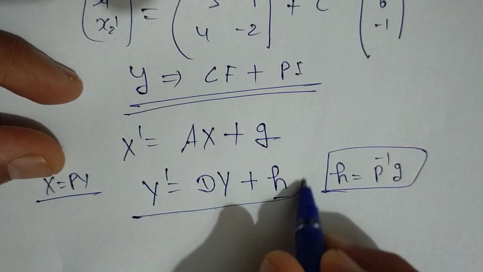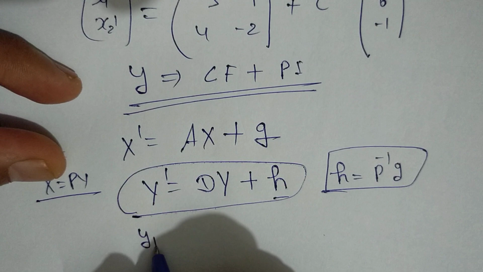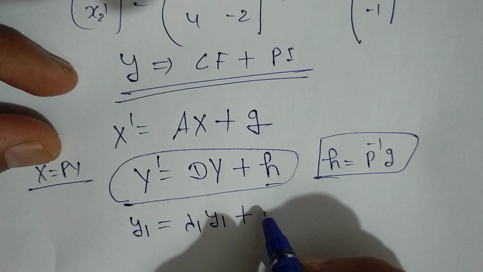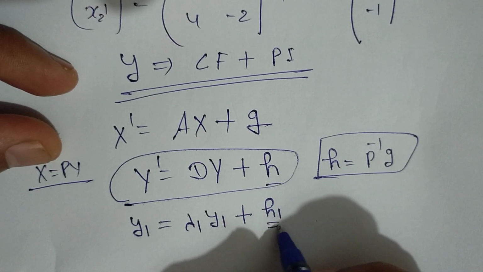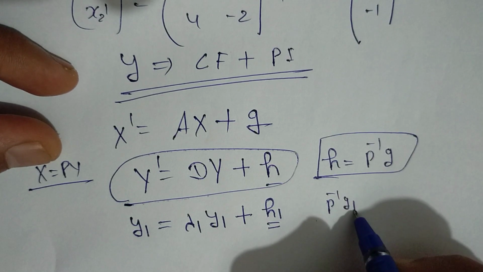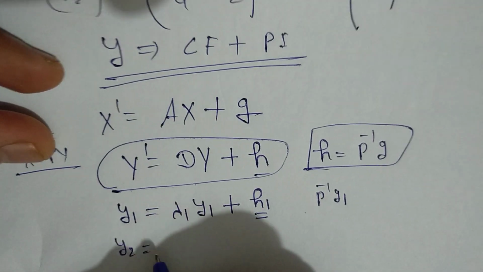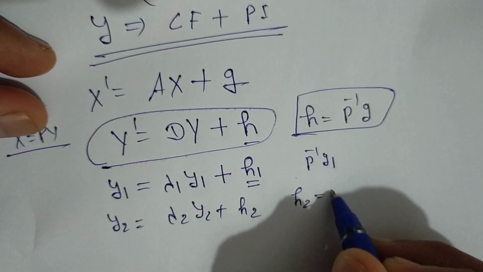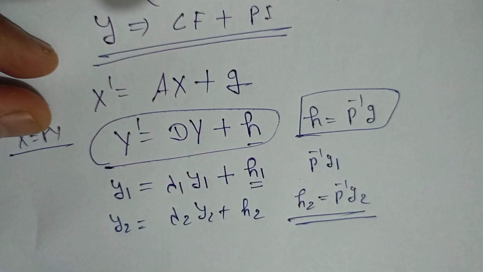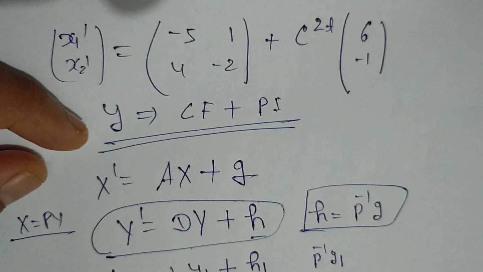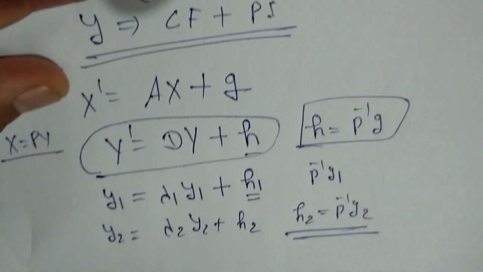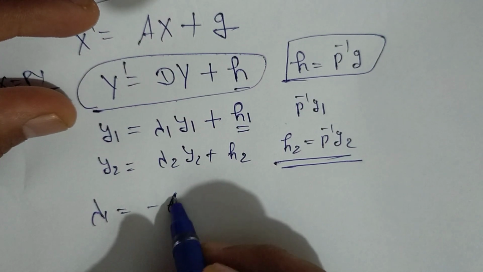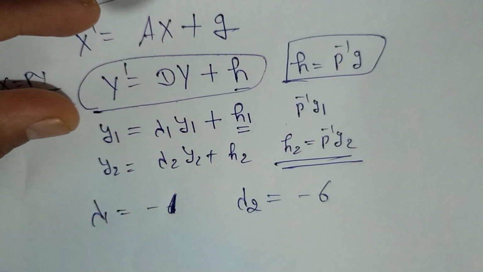Now if you open this one, we are going to solve y1 dash equal to lambda 1 y1 plus h1, where h1 is the P inverse g1, and y2 dash equal to lambda 2 y2 plus h2, where h2 is the P inverse g2. Let us see this for this problem. For this A matrix we have eigenvalues lambda 1 equal to -1 and lambda 2 equal to -6.